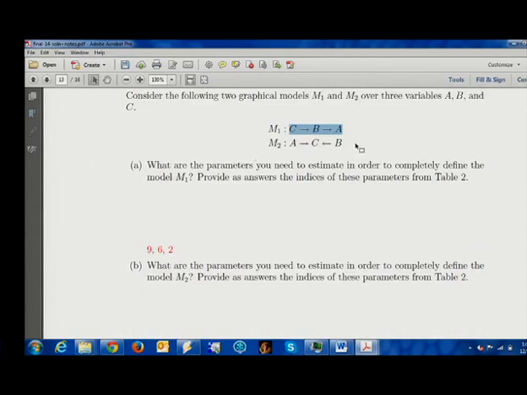What's going to happen for M2? What do I need for M2? What parameters do I need? Right. So P of A, because there's no arrow leading to it. P of B, same reason. And P of C given AB.